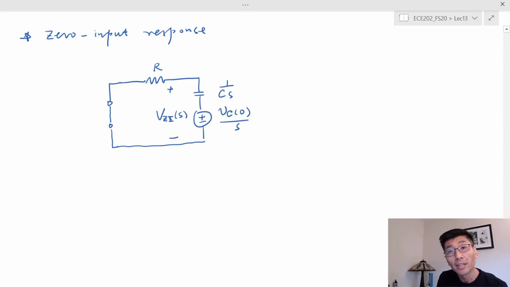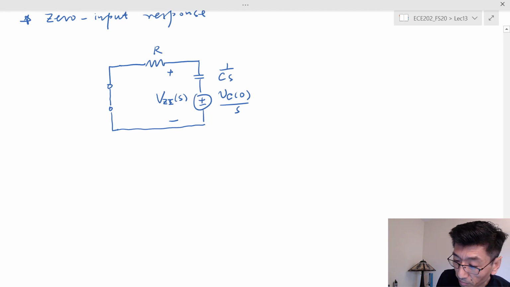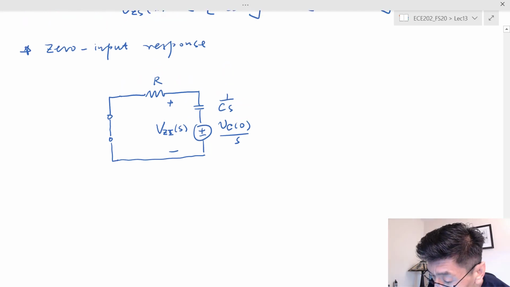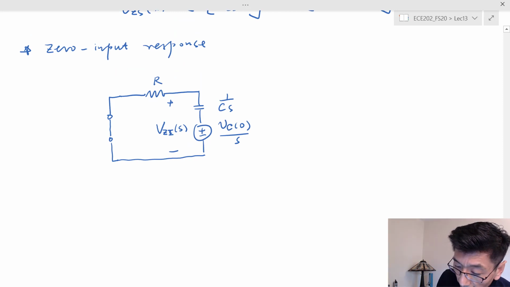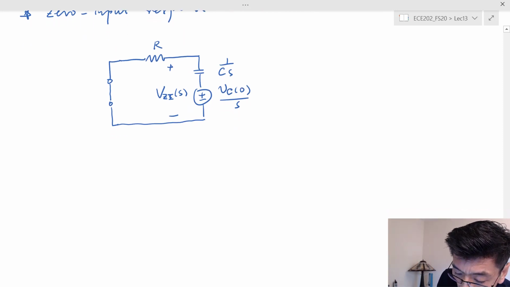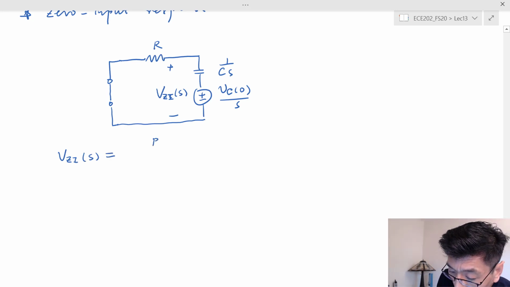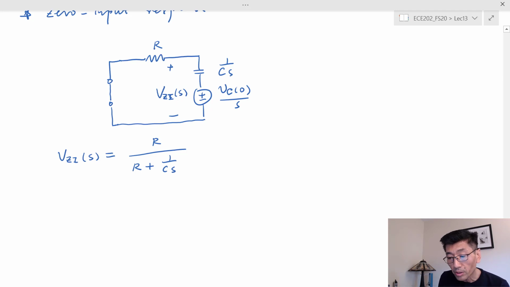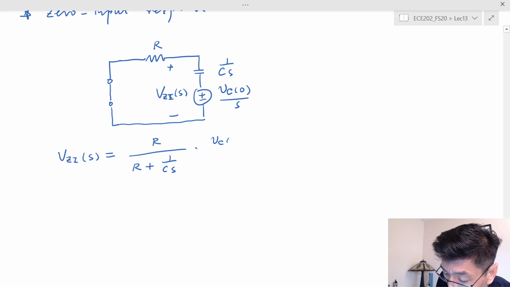So now we can again apply what we call the voltage division. Let me write it down here. V sub ZI, zero input, is going to be equal to R over R plus 1 over Cs, the impedance, so the voltage across R, times the total voltage, which is V sub C0 over s, right?